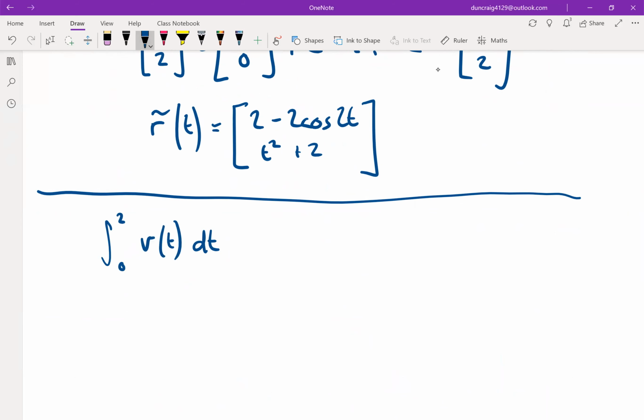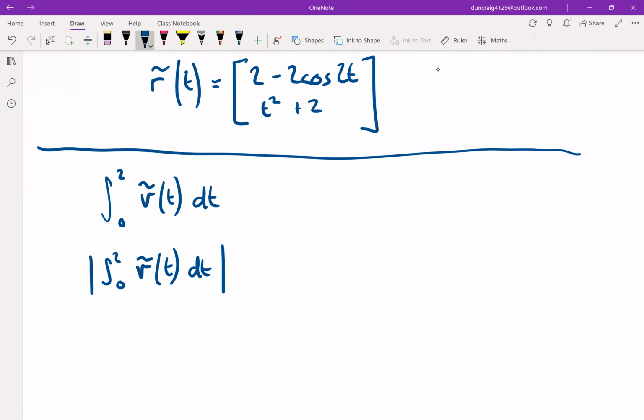There are three different expressions: one without the absolute value, one with the absolute value of all of it, and one where we do the absolute value of the velocity and then we integrate it.